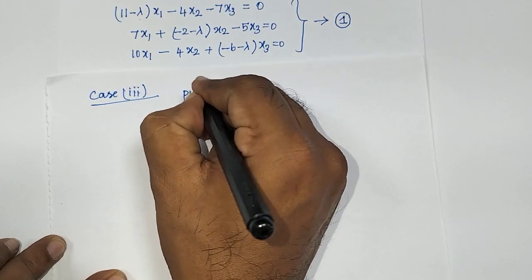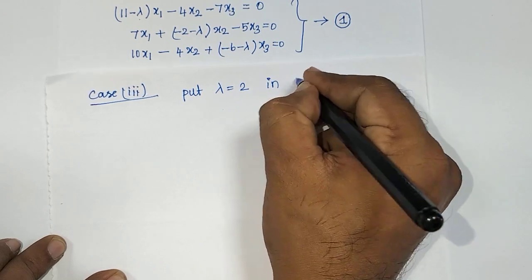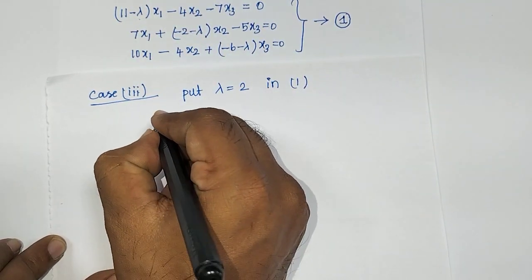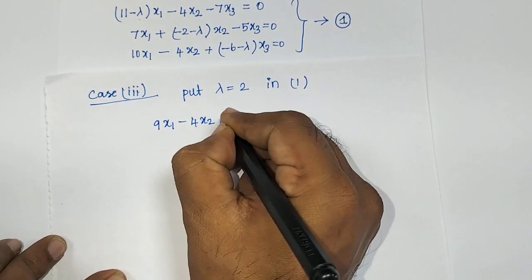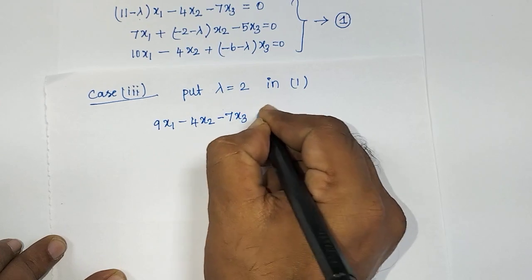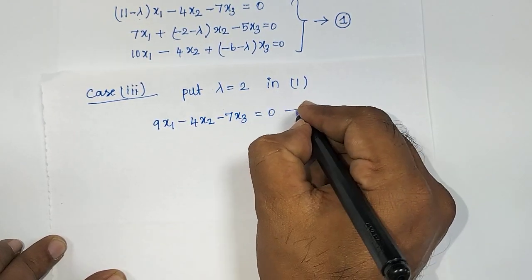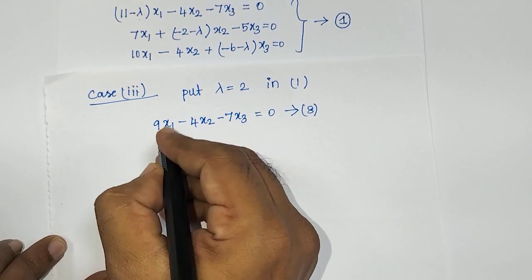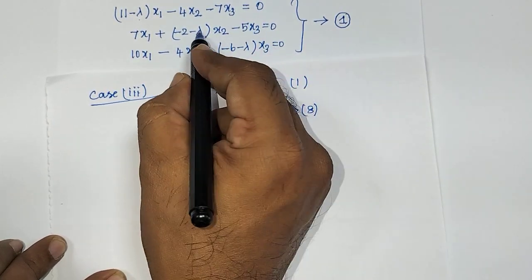Put lambda equal to 2 in equation 1. So apply here lambda equal to 2. 11 minus 2 will get 9x1 minus 4x2 minus 7x3 is equal to 0, which is equation number 8. Next 7x1, and here you can substitute lambda equal to 2.